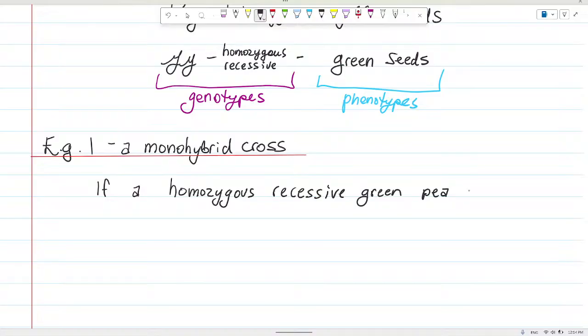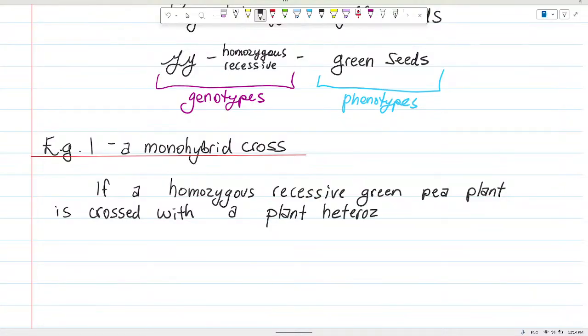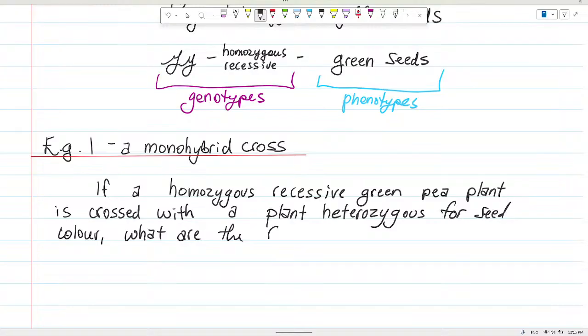Pea plant is crossed with, which is a euphemistic way of saying reproduces sexually with, is crossed with a plant that is heterozygous for seed color. What are the genotypic and phenotypic frequencies of the F1 generation? Oh boy, more words.